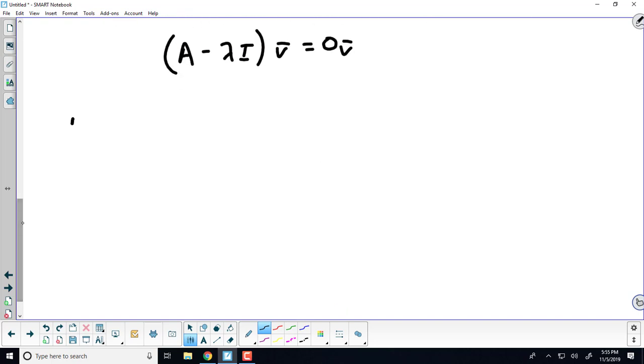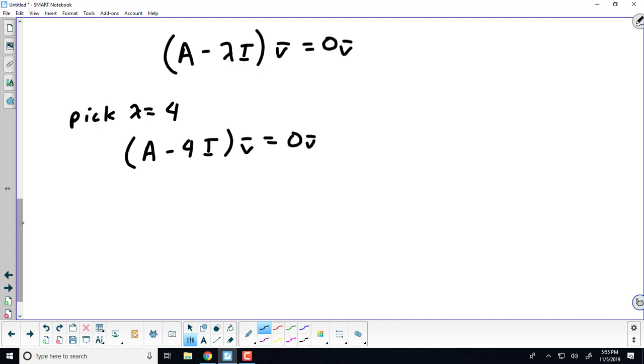So let's go ahead and pick the first eigenvalue we found. We had 4, so let's go with 4. This gives us A minus 4I times v, and we need this to equal the 0 vector. So what does v have to be for this to be true? That's finding one of our eigenvectors.